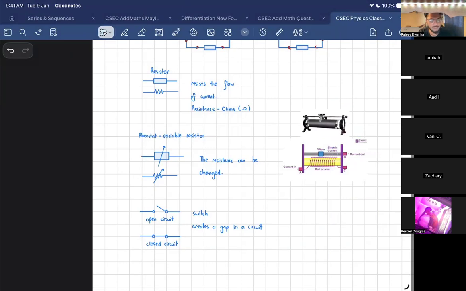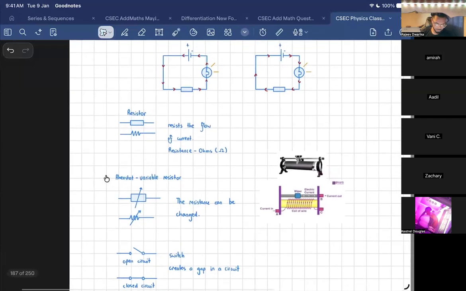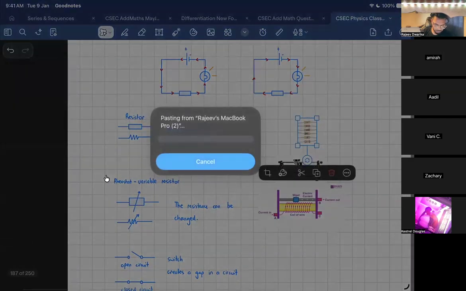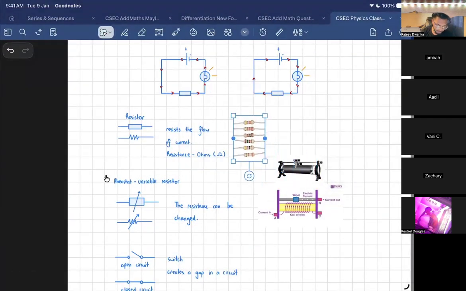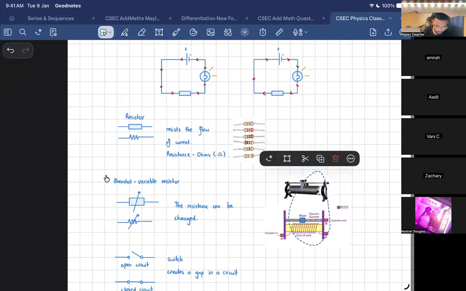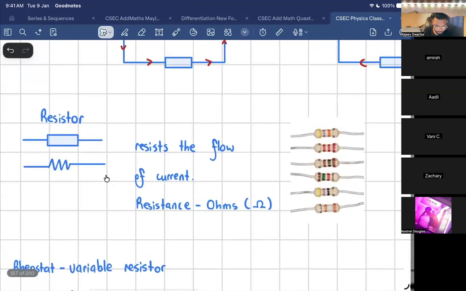You all know what a resistor looks like? No. This is so sad. They don't show you these things in school. This is what a resistor looks like. So you have different types of resistors, right? Can you guys see that there are different color bands for the resistors? Yes, sir.